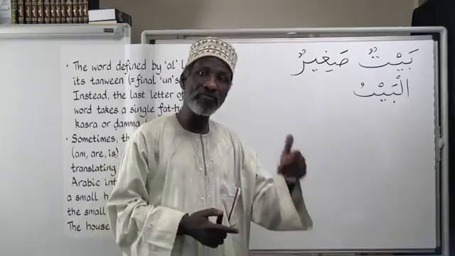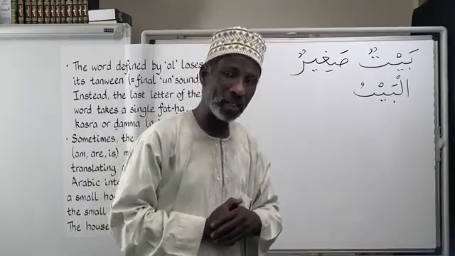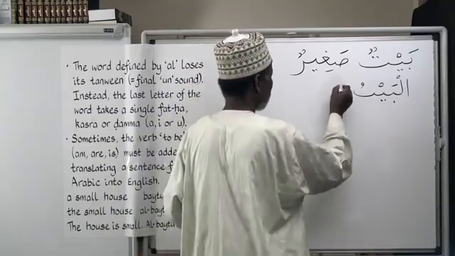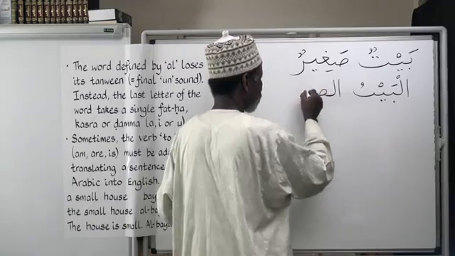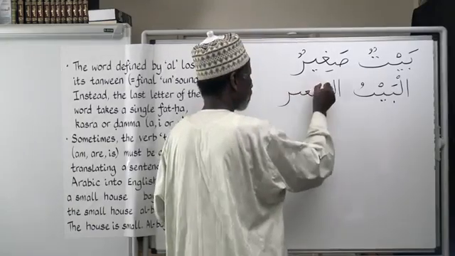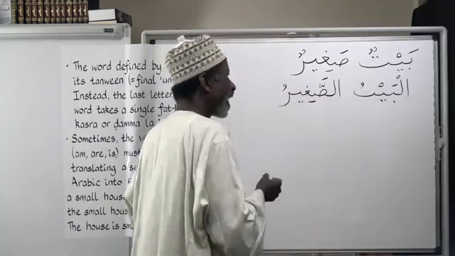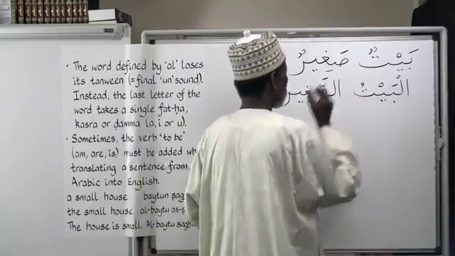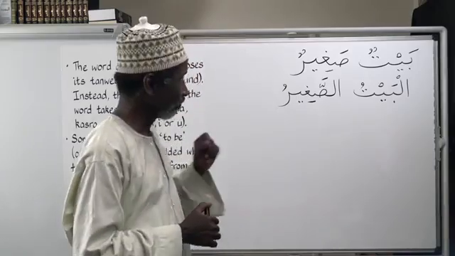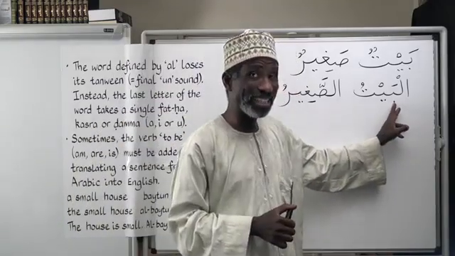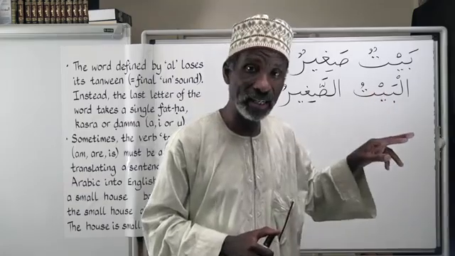Then you have to define your adjectives as well. You say البيت and then الصغير. Let's write that. البيت الصغير. Here, if you notice this ba, you may remember that it is one of the moon letters.